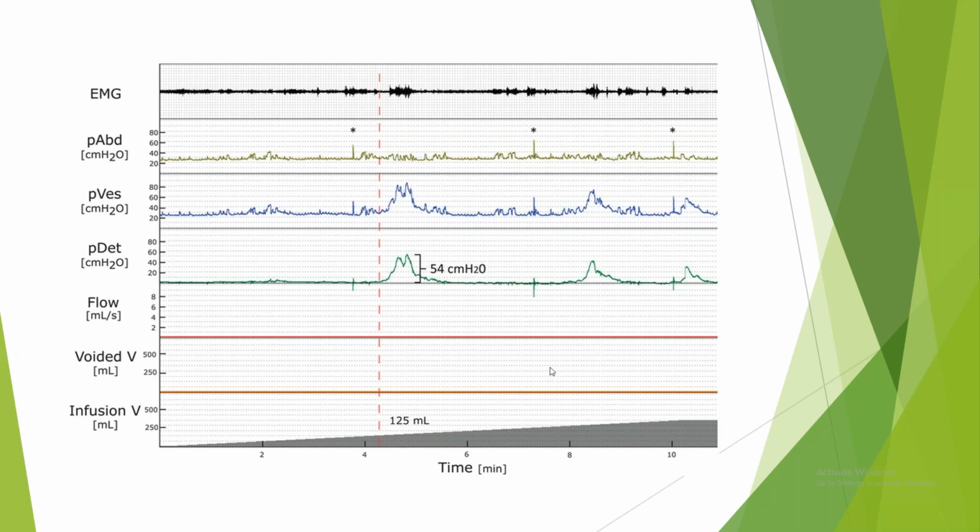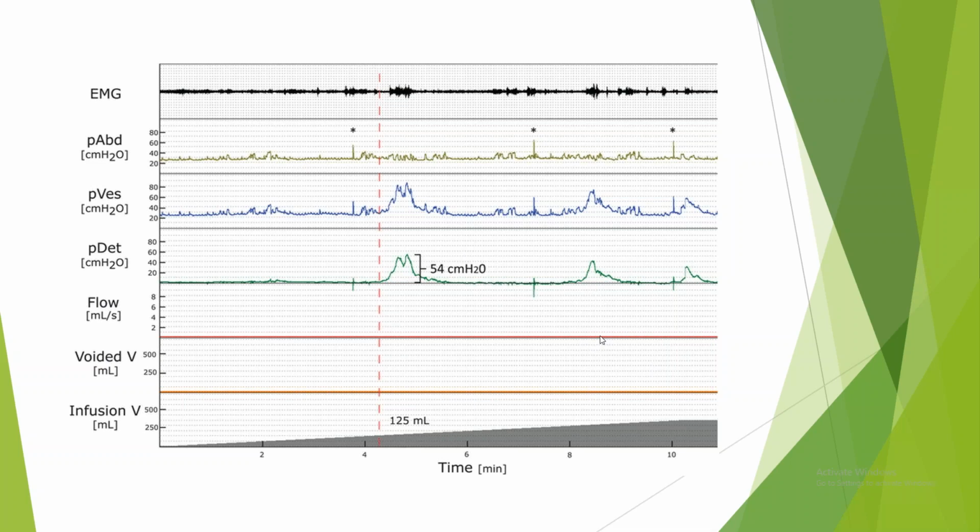Doctor, here there is no voiding phase, na? Here there is no voiding phase. There is no need for the voiding phase to be recorded to demonstrate leak, because she can demonstrate leak with detrusor overactivity also.